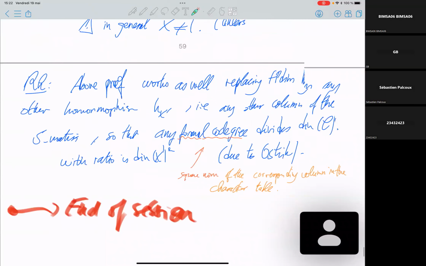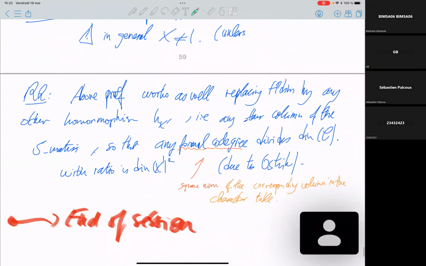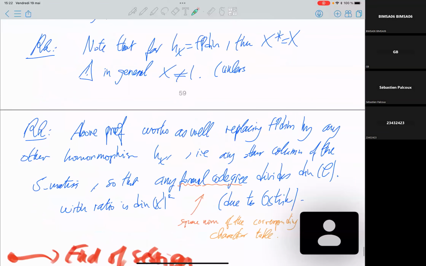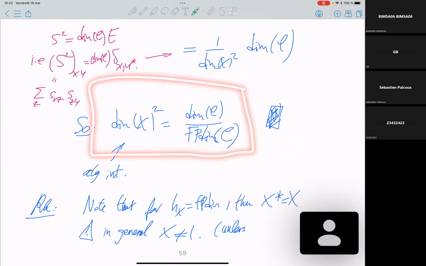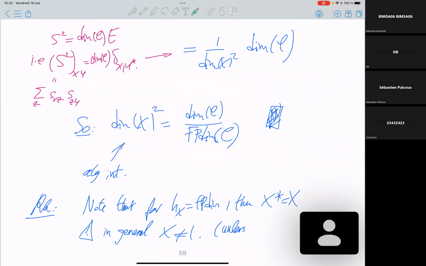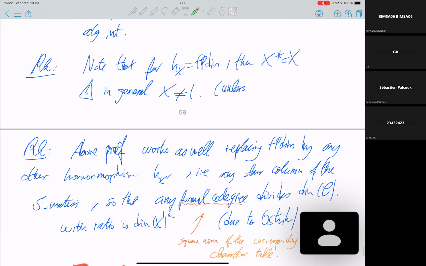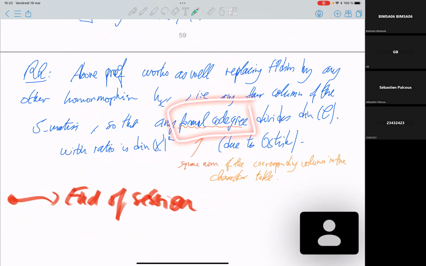And we finished by stating that this fact, that this ratio equals the square of a dimension of an object, extends to the formal category, in fact, due to Ostrik.